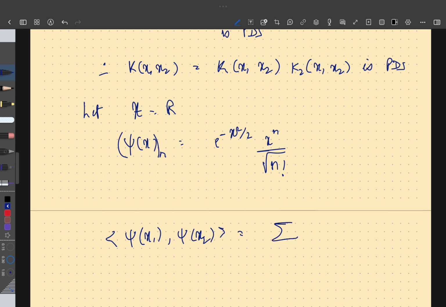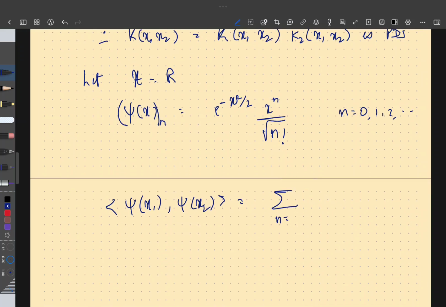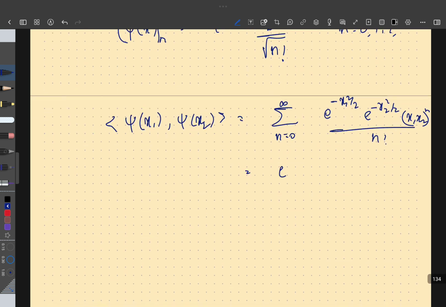This would be the summation for n going from 0, 1, 2, and so on, all the way up to infinity, of e to the power minus x1 squared by 2 (here I'm assuming that sigma squared is equal to 1) times e to the power minus x2 squared by 2 times (x1 x2) to the power n divided by n factorial, which is exactly e to the power minus (x1 minus x2) whole squared by 2.